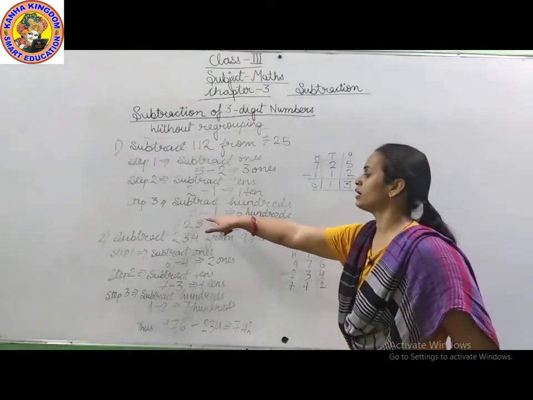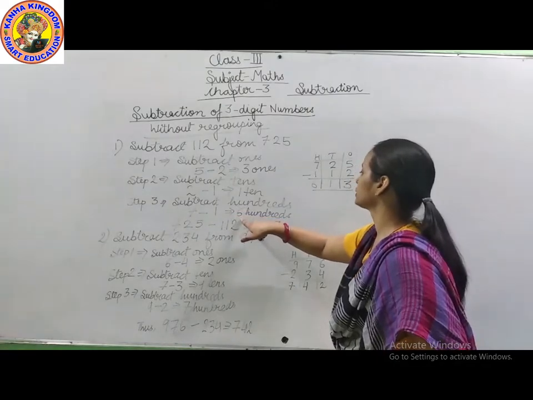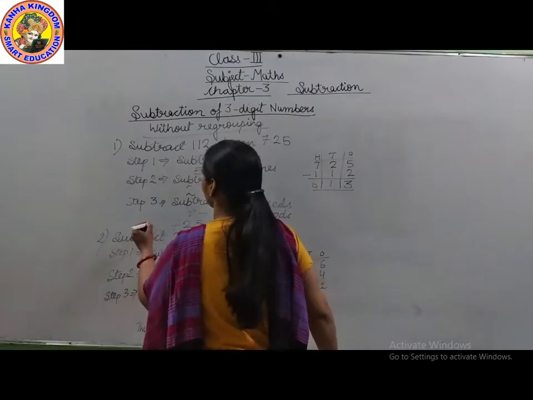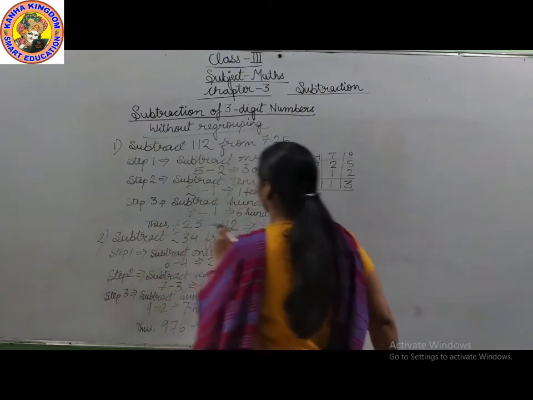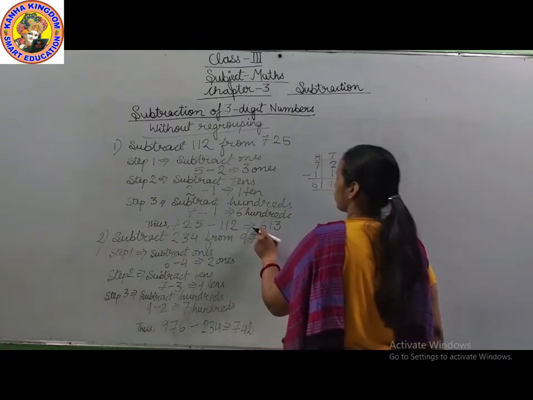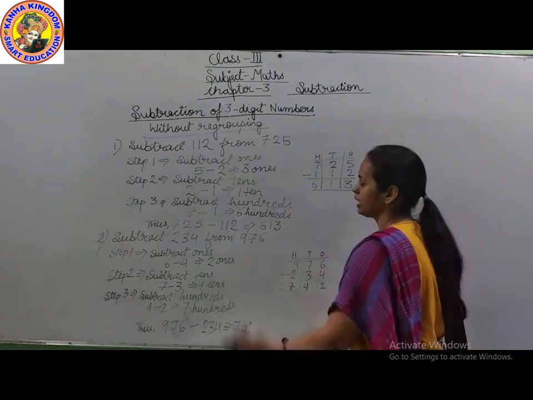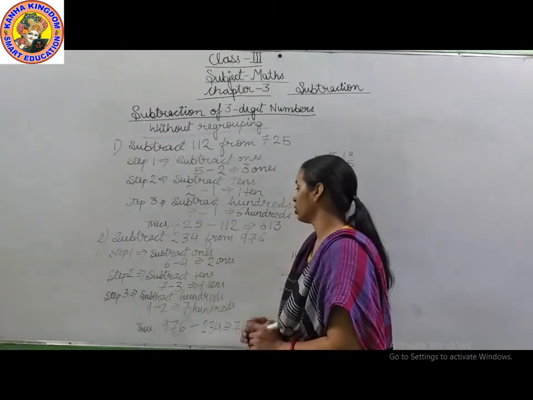So 700 minus 100 equals 600. So 725 minus 112 equals 613.